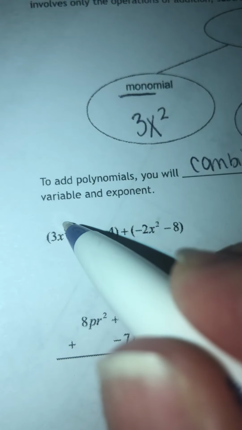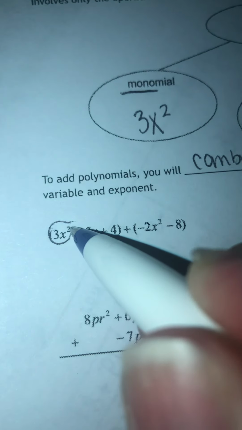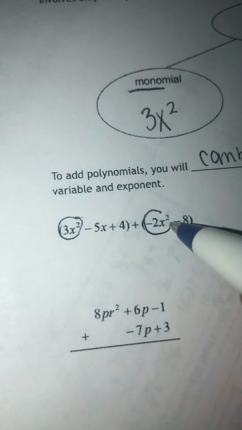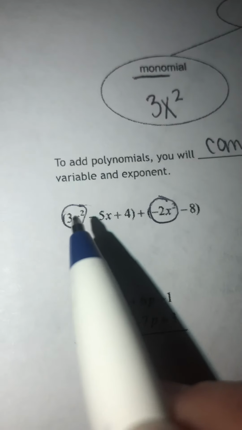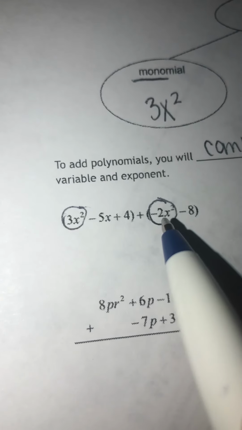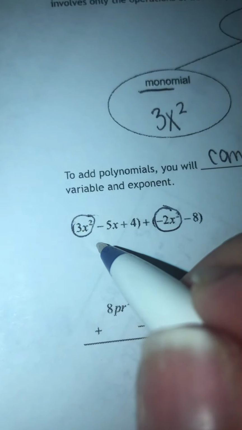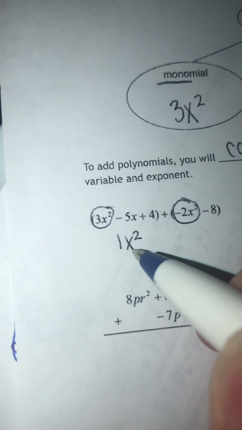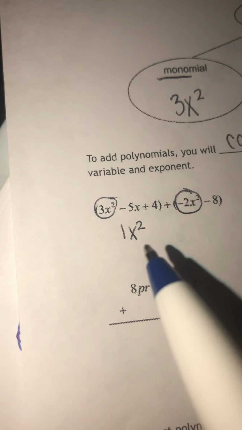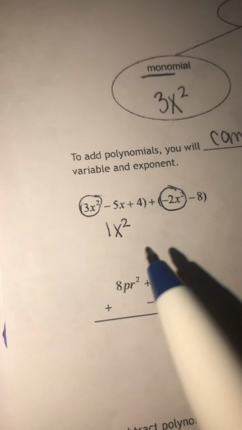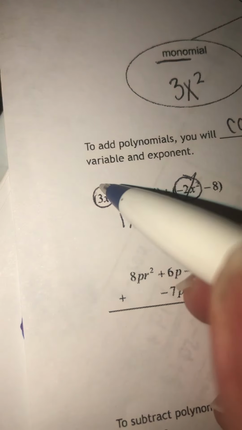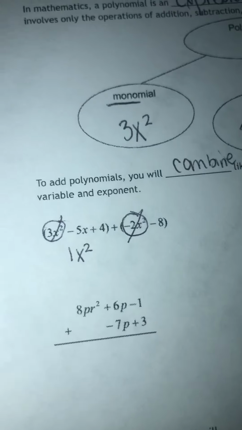So I'm going to combine 3x squared with its like term, negative 2x squared. Really that's telling me to do 3 minus 2, which is 1x squared. You could either write 1x squared, or simply write x squared, because they both mean the same thing. I typically mark them out once I've used them.